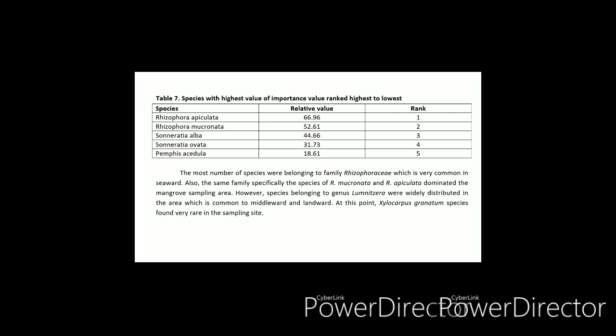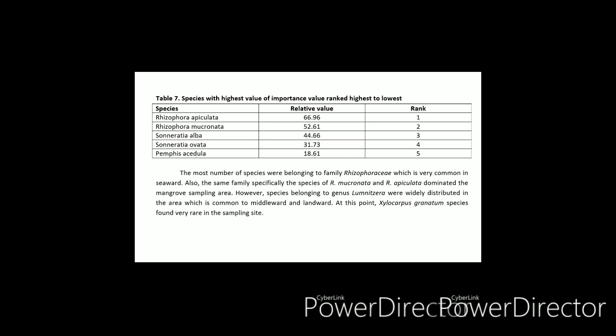Sonneratia alba with 44.66, rank 3. And Sonneratia ovata, which is 31.73, rank 4. Pemphis acidula with 18.61, which is rank 5.